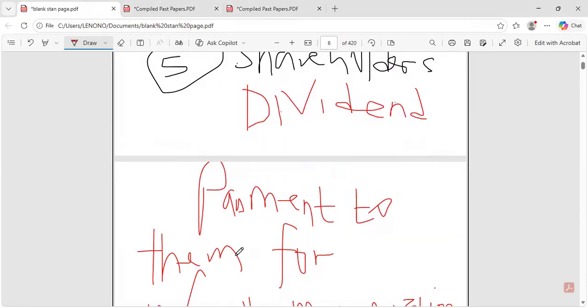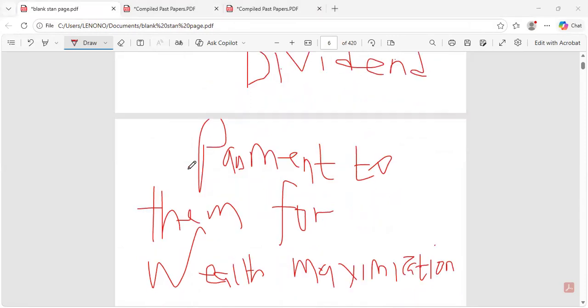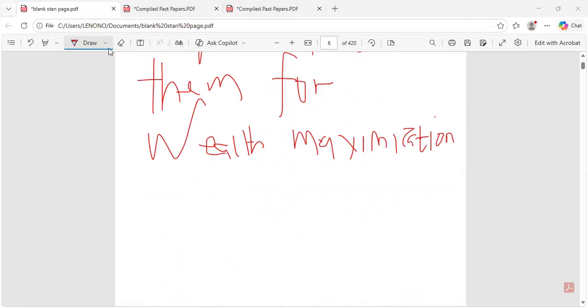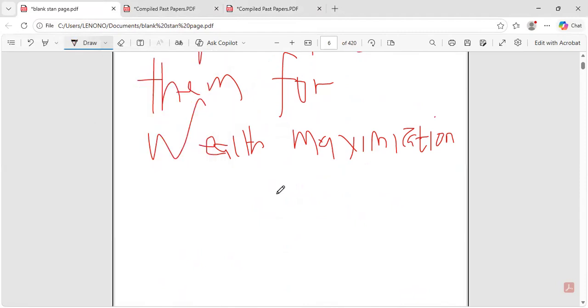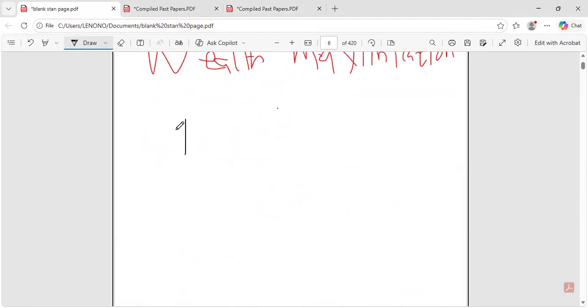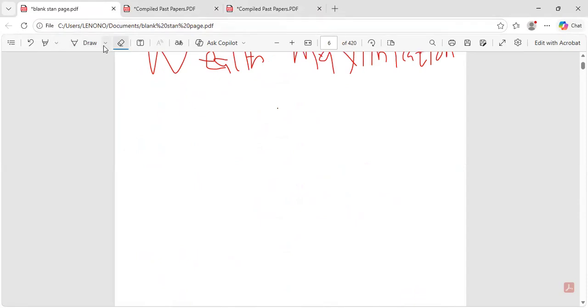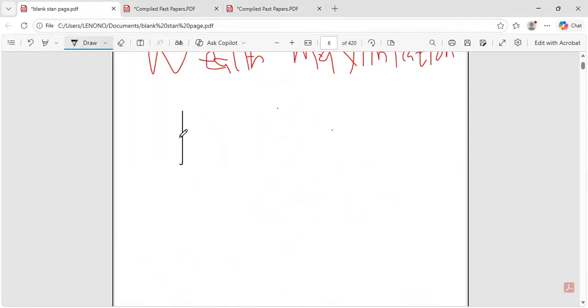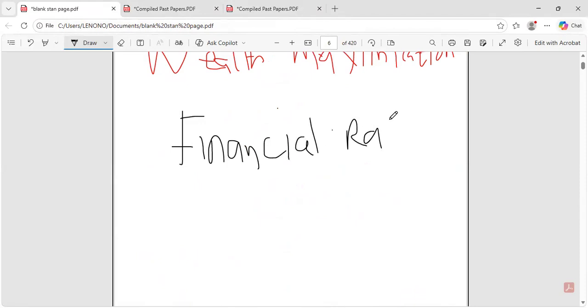So these are under what we call interpretation of financial statements. These are what we call financial ratios.